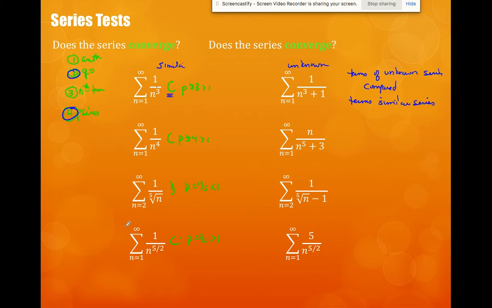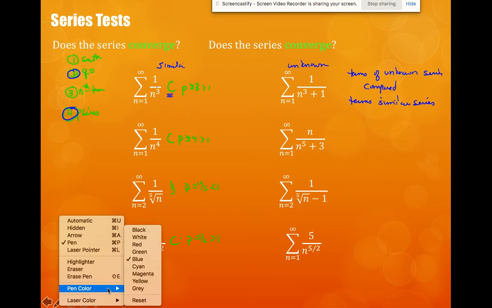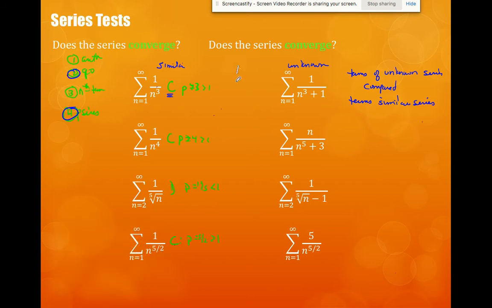So let me draw a little picture here. I'm going to draw a graph of the terms, not the sum, the terms. 1 over n cubed is going to be green, right?